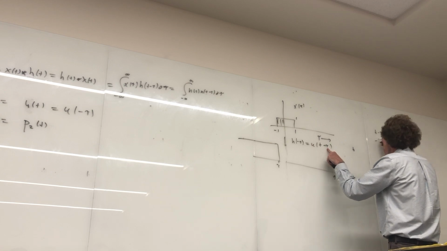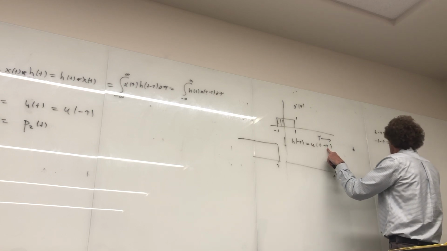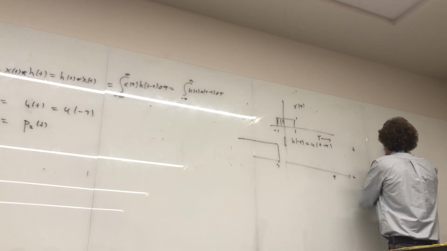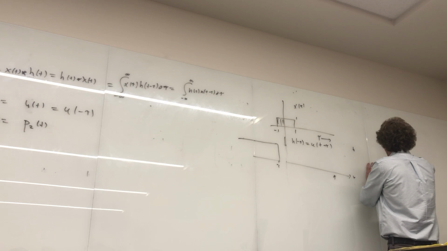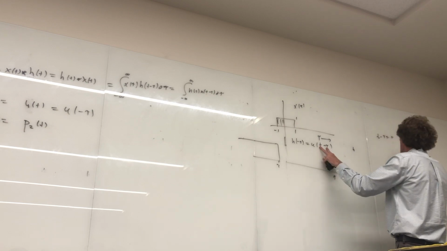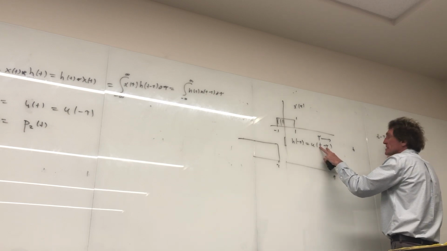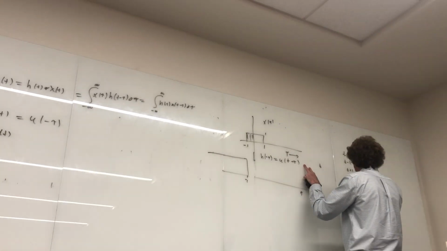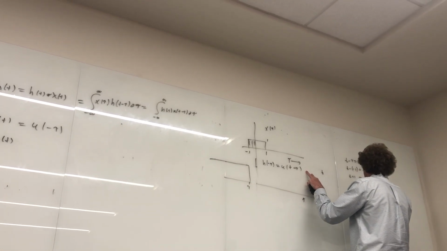So I have -1 minus tau equals 0. I said that wrong. t minus tau equals 0. That's this argument. And this occurs when tau is -1, so it's t minus -1 is 0, so t plus 1 equals 0. So that would be t equals -1.